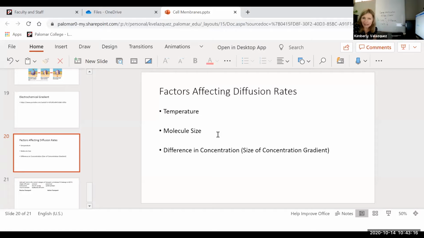And then that third factor affecting diffusion rate is difference in concentration across that membrane. In other words, the size of the concentration gradient. So you can imagine that if we had a situation, I'm going to give you two scenarios, two different cells.